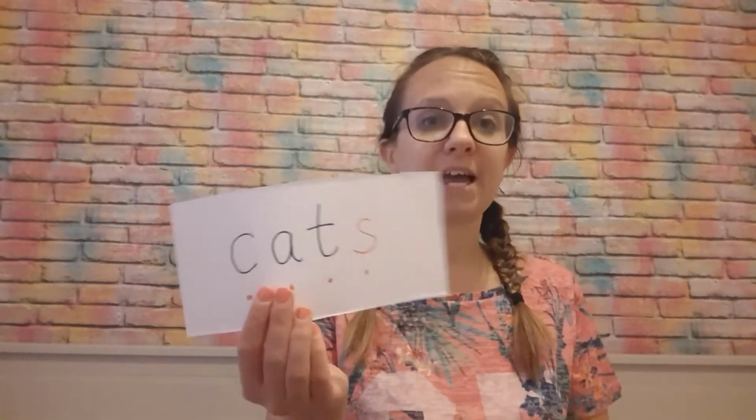So I want you to have a look around your room, see what you can see, and then write down what the singular would be, so if you only had one of them, and then what it would be if you had more than one. And hopefully you can pick ones where you just add an S. So when you're saying it, you'll be able to hear that you say cats, and you'll hear that S sound afterwards.